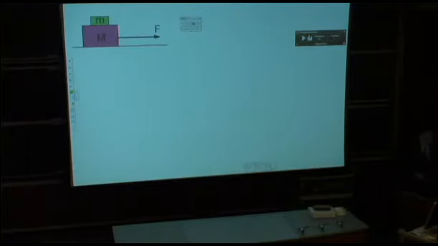We can again choose how many systems? 3. The whole, the top, the bottom. For each system, we can write the Newton's law and solve it.